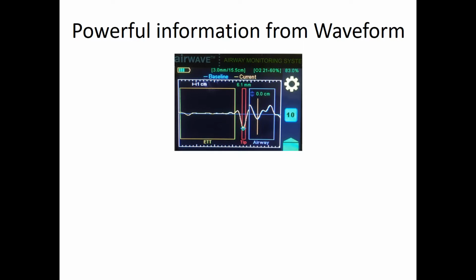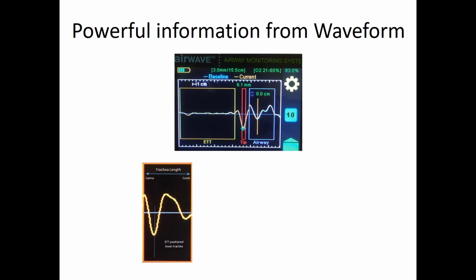How's that going to help me, and what kind of information can I get from this waveform? And again, we're going to spend some time looking at the far right box. That's the echo that comes from the lung, and see what that means. This is going to tell me where in the trachea my tip of my tube is. So where am I in terms of distance from the carina and distance from the cords? So I'm going to look at it this way.